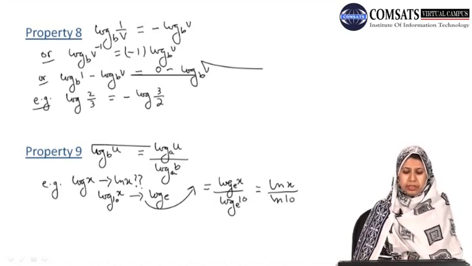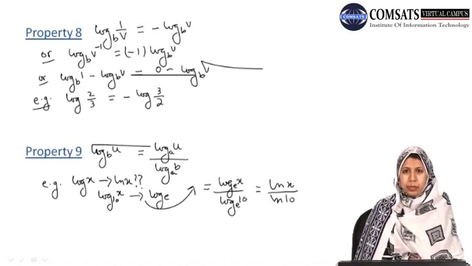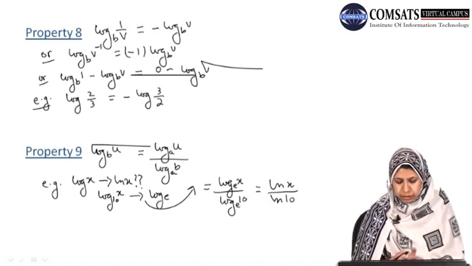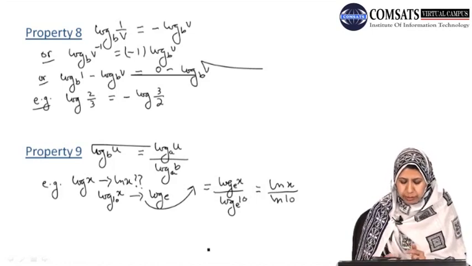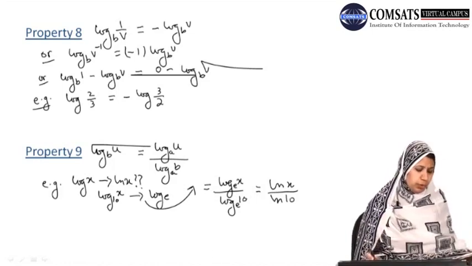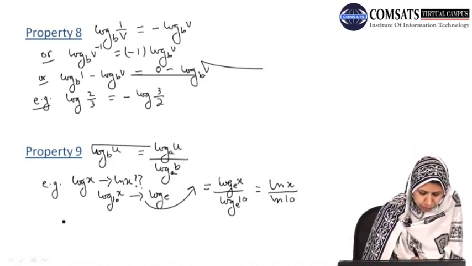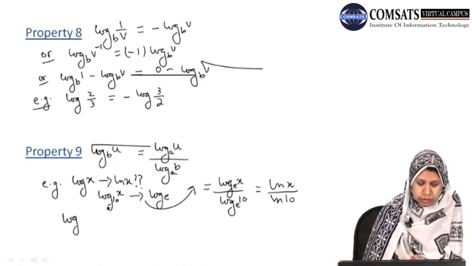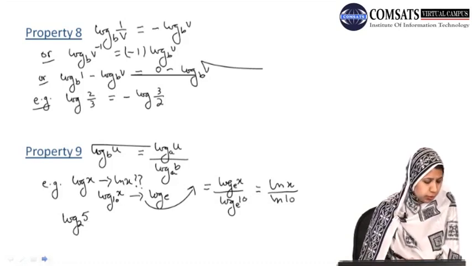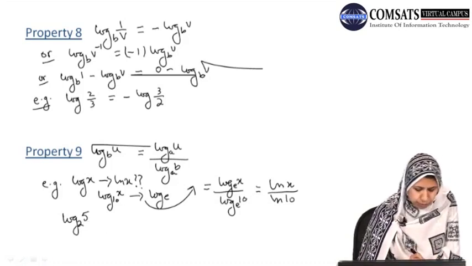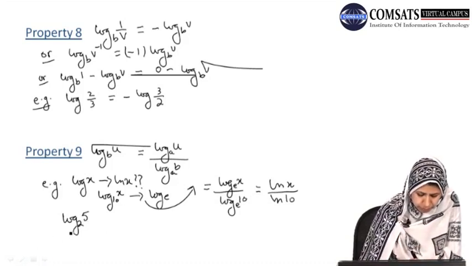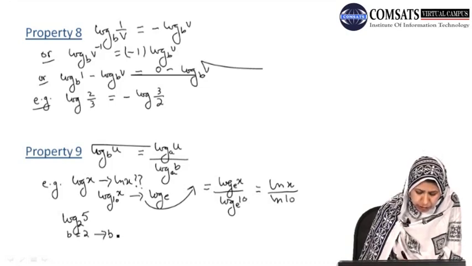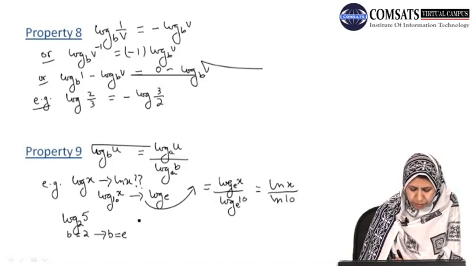So given any base b, we can convert this base or write our log in some new base by using this ratio formula. For example, if we are given the log of 5 to the base 2 and we want to convert this base b equal to 2 to the base e, how will we write it?